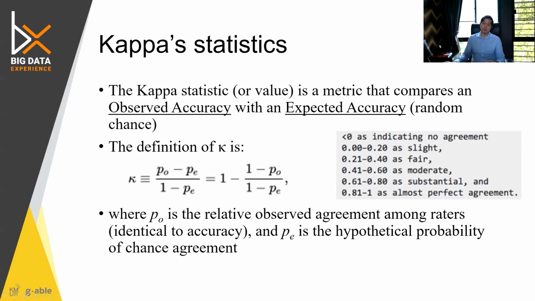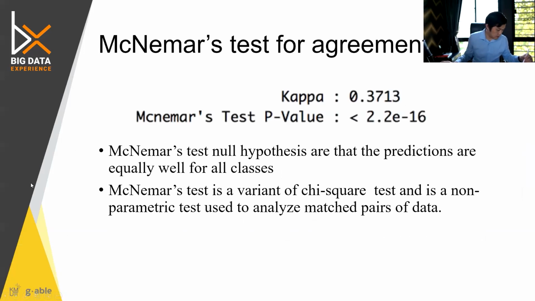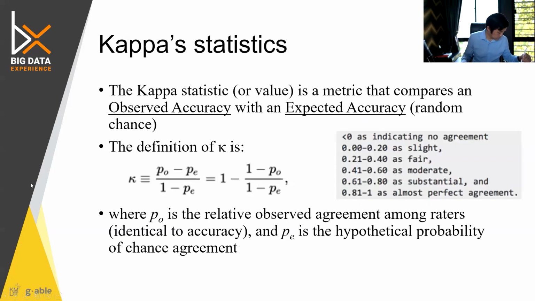Okay, so I will draw it out. Right. So the numerator here, if you think about it carefully, is the actual accuracy minus the expected no information rate.